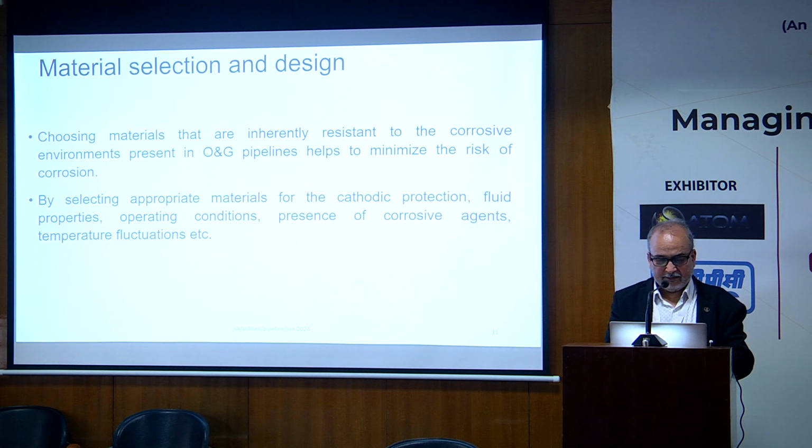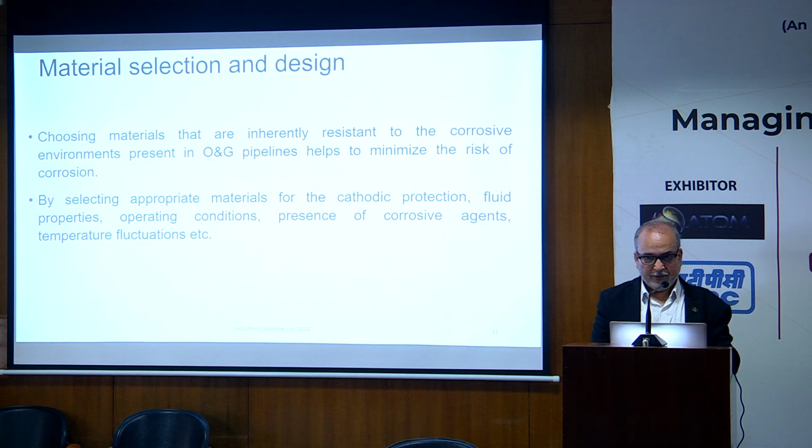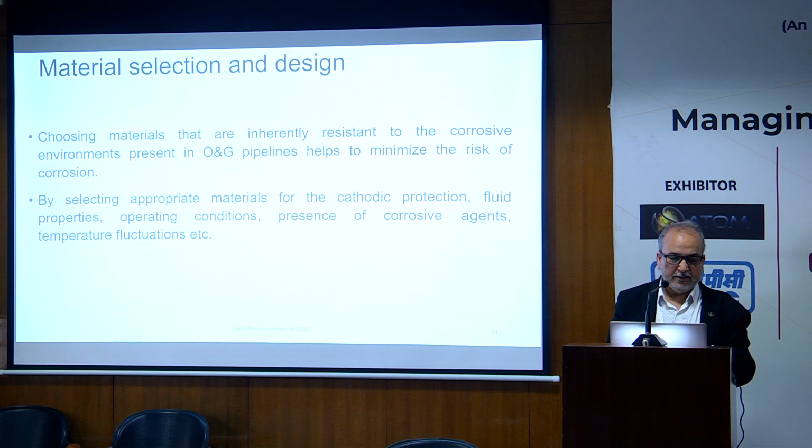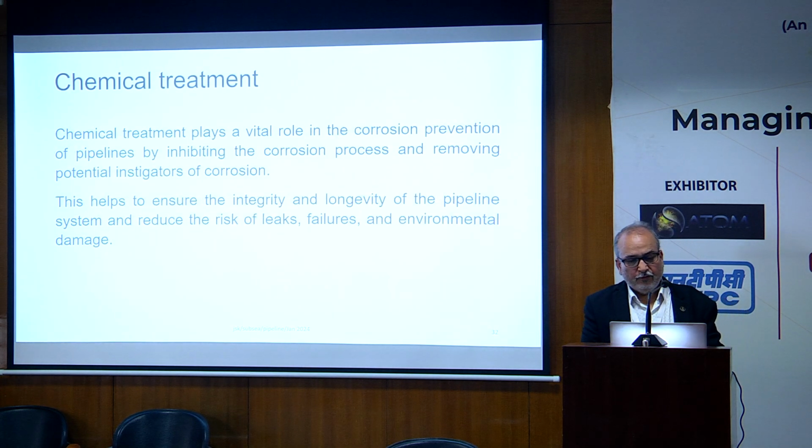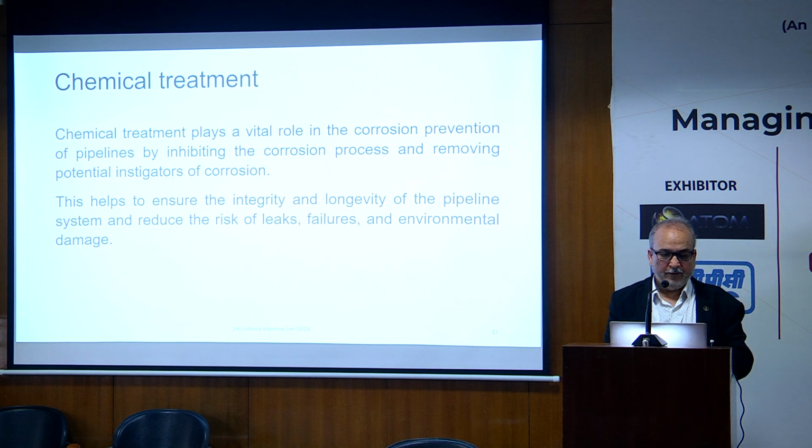It does not remove the risk, but it helps in minimizing it by selecting appropriate materials considering cathodic protection, fluid properties, operating conditions, presence of corrosive agents, temperature fluctuations, etc. Chemical treatment plays a vital role in corrosion prevention of pipelines by inhibiting the corrosion process and removing potential instigators. This helps to ensure integrity and longevity.